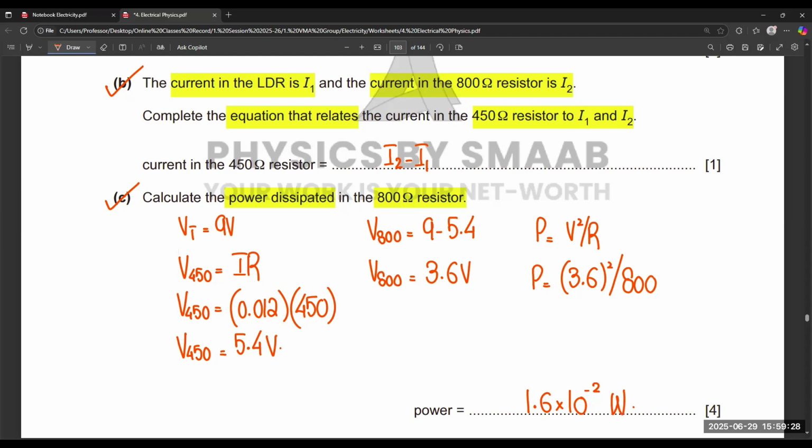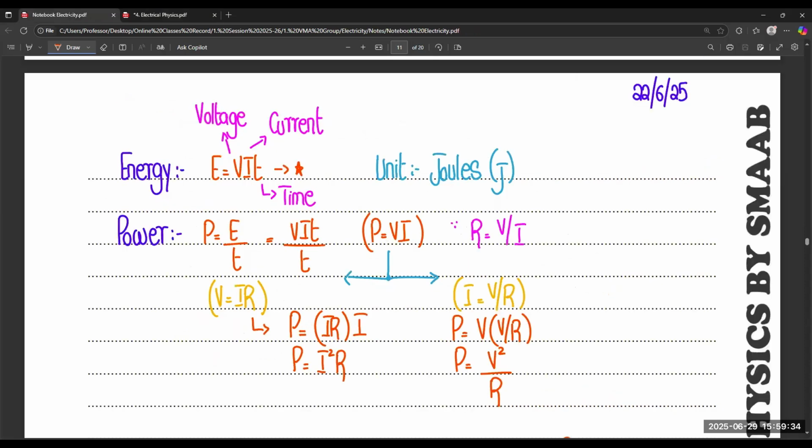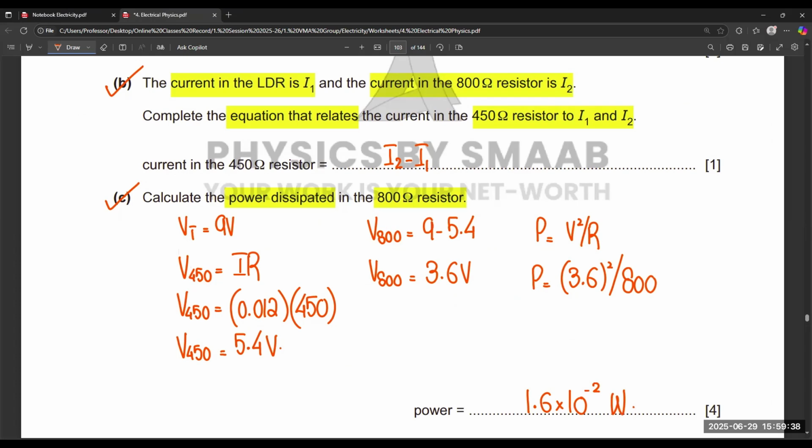So this is the value of the power we get from this calculation, because we use the third formula, right?